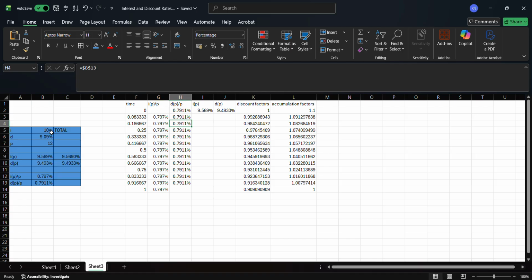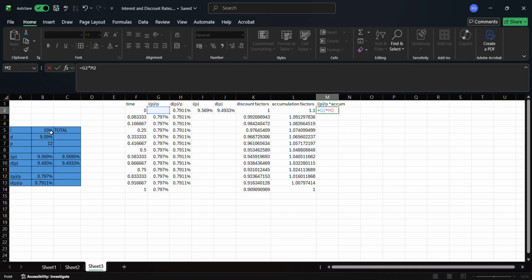Theoretically, we should be able to get to the annual effective rate by taking the amount of interest you earn at the end of each month, accumulating each of those interests to the end of the year, and then adding them up. This is how we're going to do that. So we're going to have i(p)/p times accumulation factors.